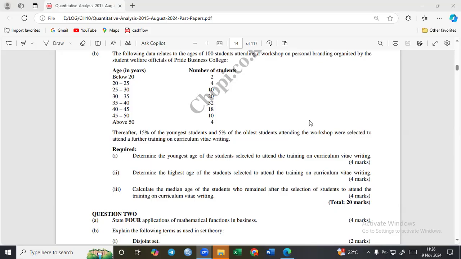Age in years, then number of students. Thereafter, 15% of the youngest students and 5% of the oldest students attending the workshop were selected to attend further training on curriculum vitae writing. Required: 1, determine the youngest age of the students selected to attend the training on curriculum vitae writing. 2, determine the highest age of the students selected. 3, calculate the median age of the students who remained after the selection of students to attend the training.